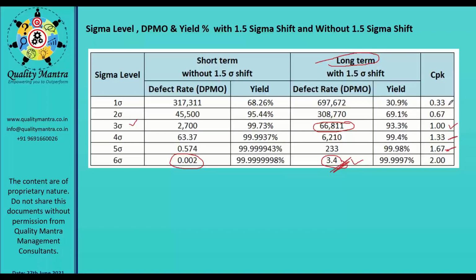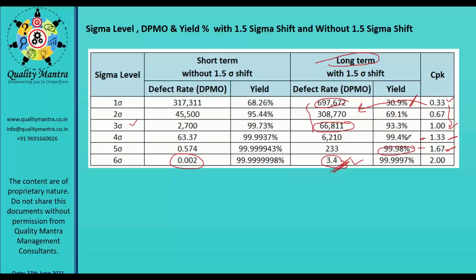If you get these Cpk values, just imagine the Cpk value of the process, how many defects they are resulting into. Just imagine you are making 10 lakh products, 6,97,000 will turn out bad. If you operate at 0.33 Cpk, only 30.9% will be good product you are manufacturing. Whereas if you operate at Cpk of 1.33, or 1.67, you will get 99.98% good product.